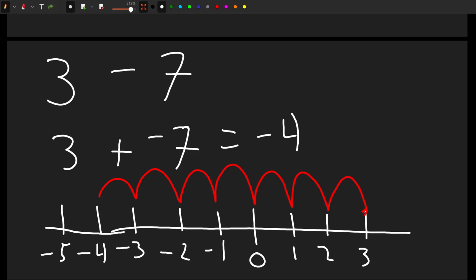If you're subtracting integers in which the second number is bigger, you have to use the number line, and you have to follow these two rules. You have to change the operation from subtraction to addition, and then change the sign of the second number. Okay?